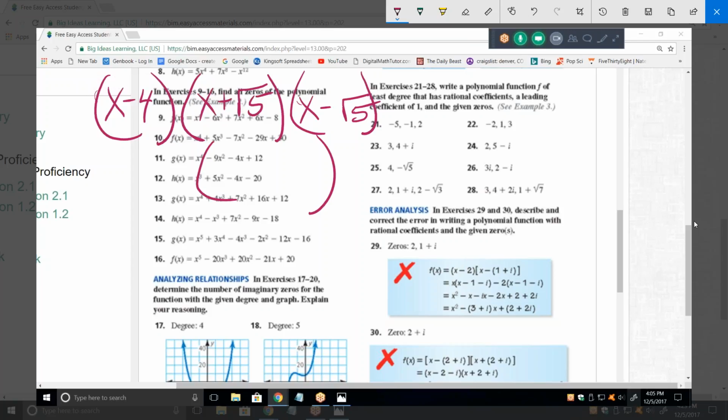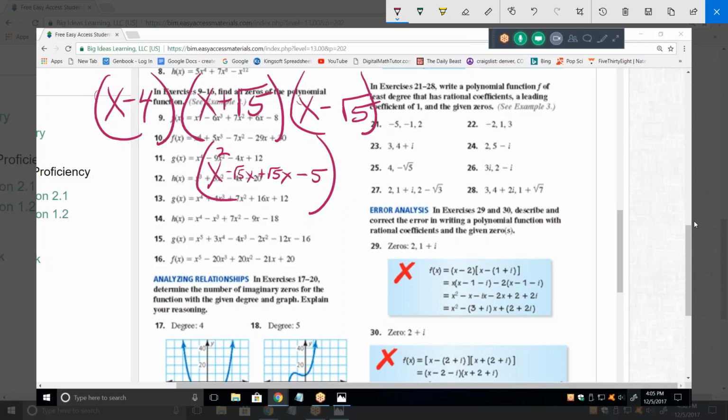So x squared minus 5x square root of 5, plus square root of 5x, minus 5.